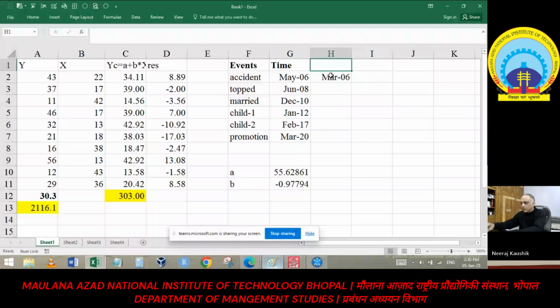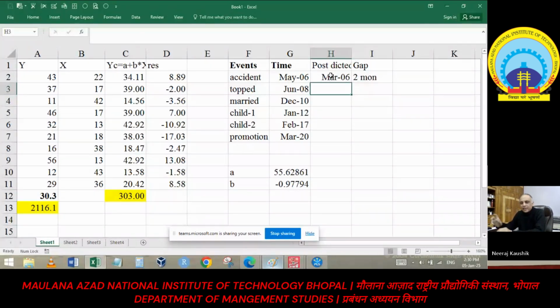Not 100% correct. So it is post-predicted, or predicting about the past. And how much is the gap? The gap is March, April, May: 2 months.